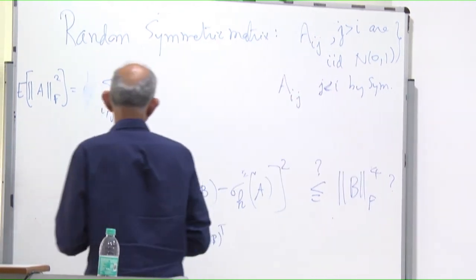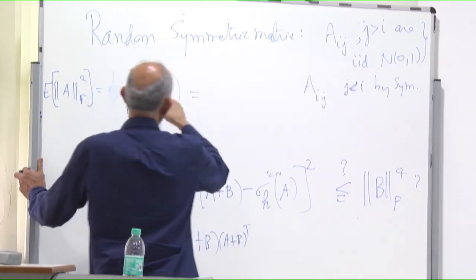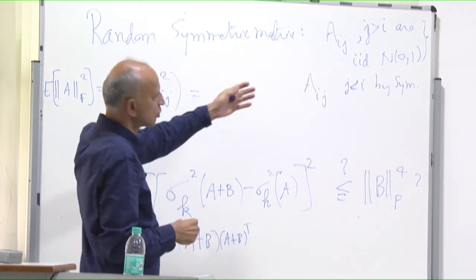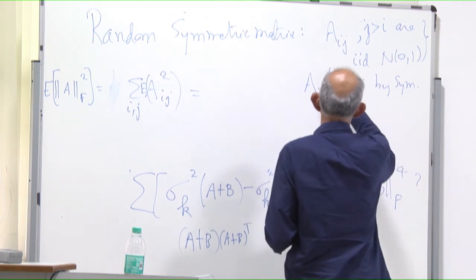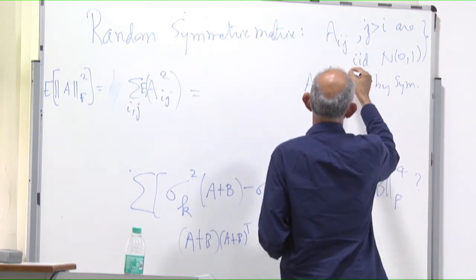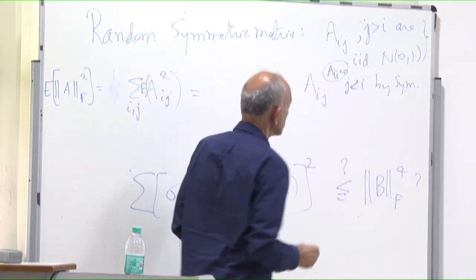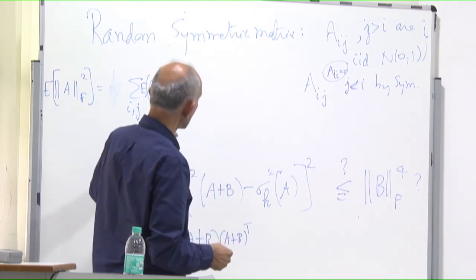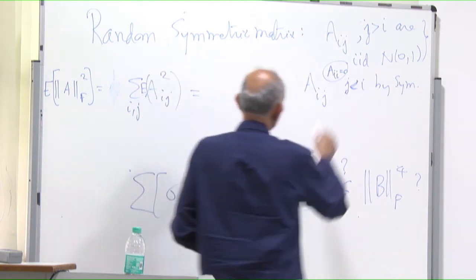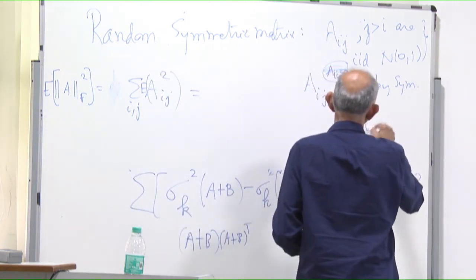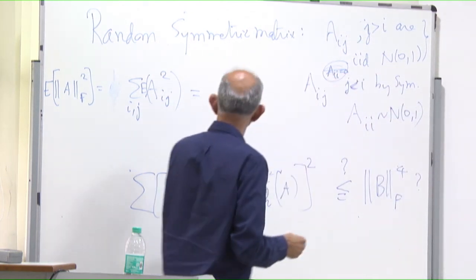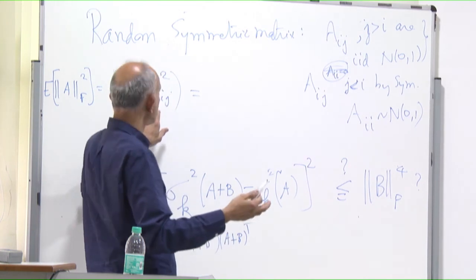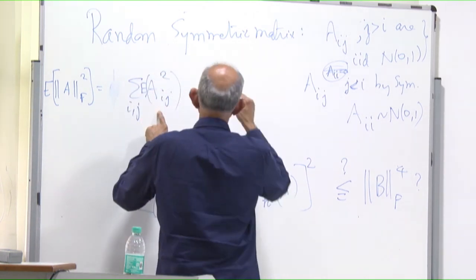Even independence is not required here. I didn't say anything about the diagonal, so let's say that Aii is also normal 0, 1. They don't matter too much. Okay. So each entry has variance 1, so you get n squared.